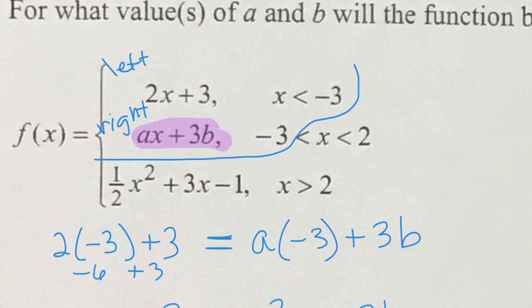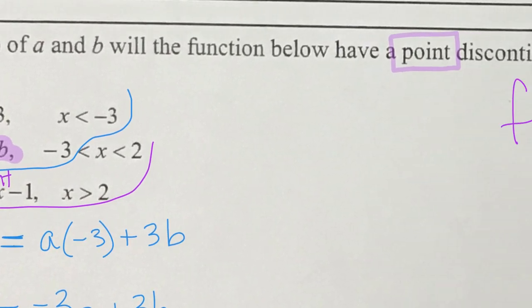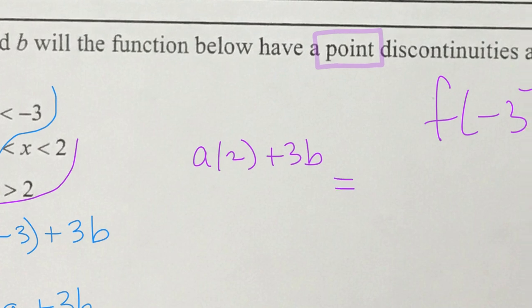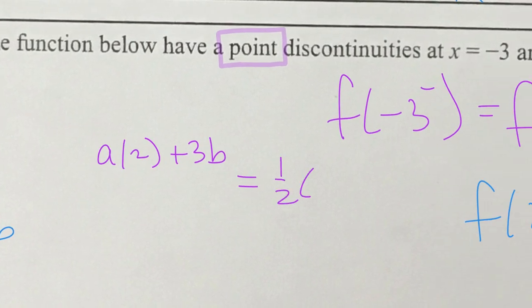So once again, now if we're looking at +2, this is now the left equation, and our bottom one is the right equation. So remember, we need to have equal y values. So we want a times 2 plus 3b, when we replace x with 2, that needs to equal 1/2 of 2 squared plus 3 times 2 minus 1.